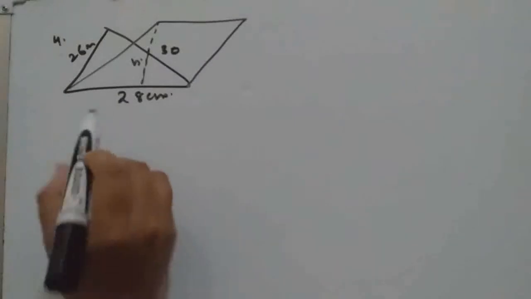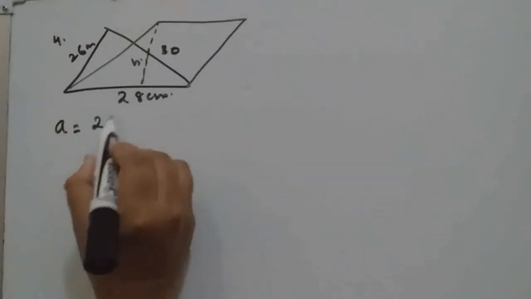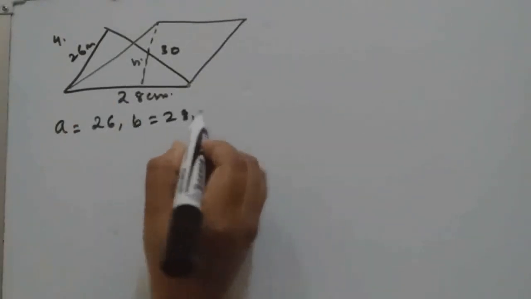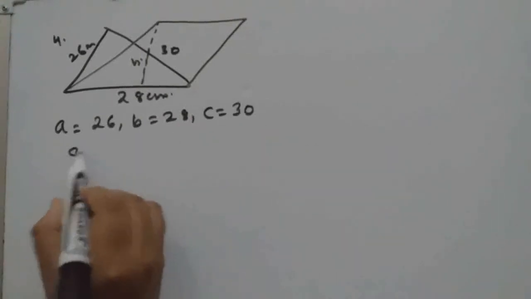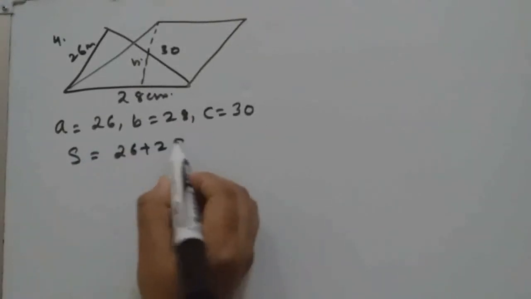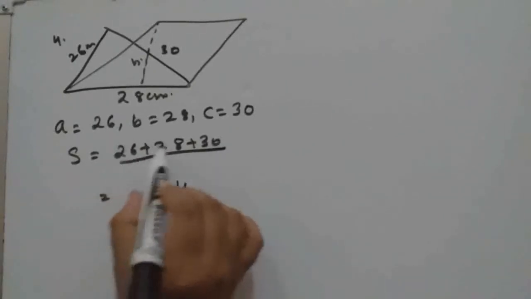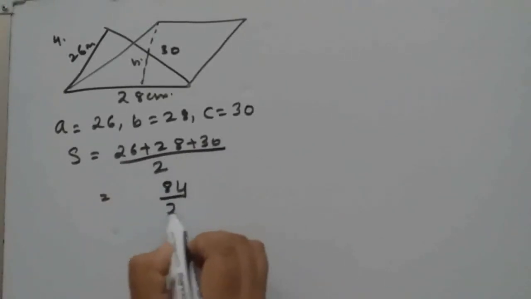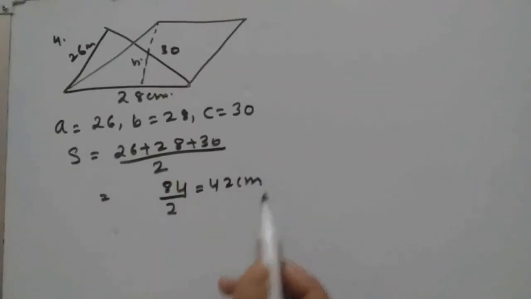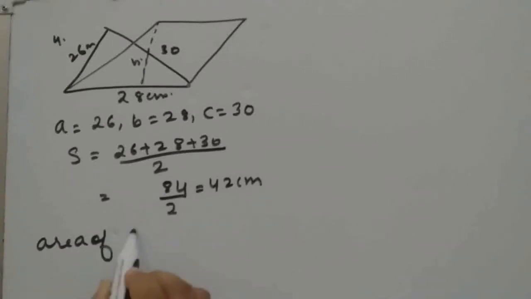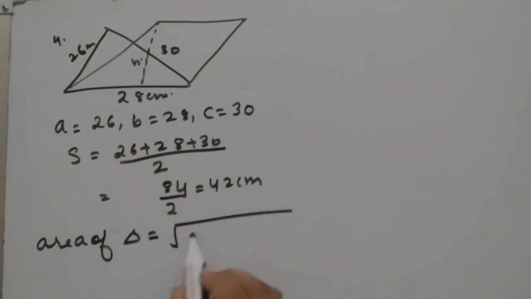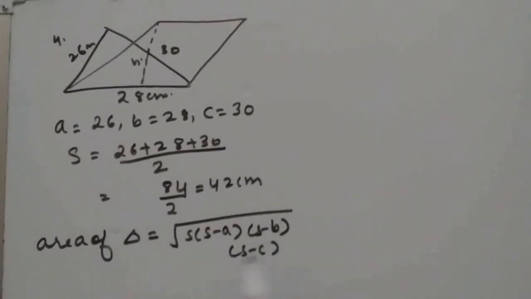First we will find area of the parallelogram. Sorry, triangle. So A is 26, B is 28, C is 30. So S will be 26 plus 28 plus 30 divided by 2. 84 by 2, which is 42 centimeter. Okay. So now area of the triangle is root of S into S minus A, S minus B, S minus C. Substitute the values here.